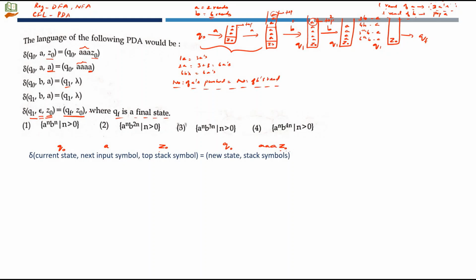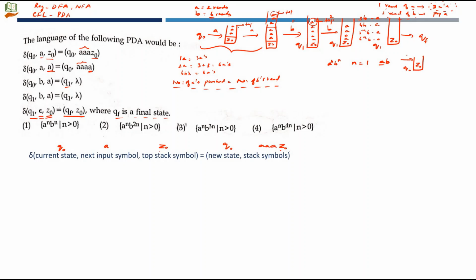Let's take the first option, A power n, B power n, where n is greater than 0. Let's take n equal to 1. We have AB as the first string. Now let's initialize the stack with Z0 and we are in Q0 state. Let's take the first symbol A. When it is Z0 and A, we have 3 A's to be inserted.